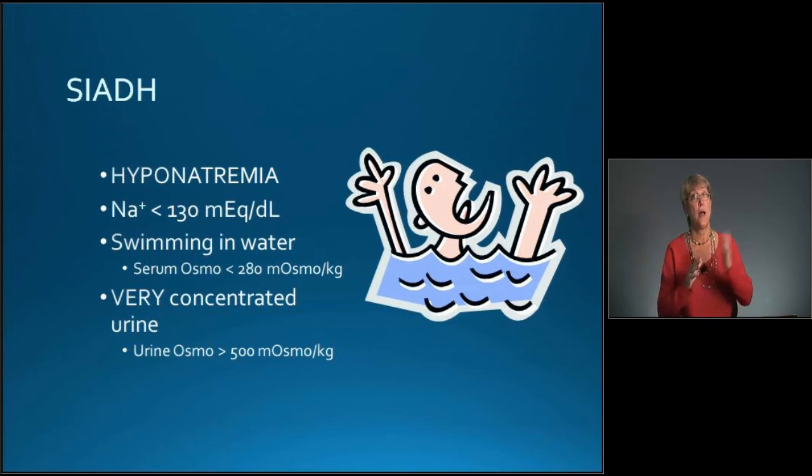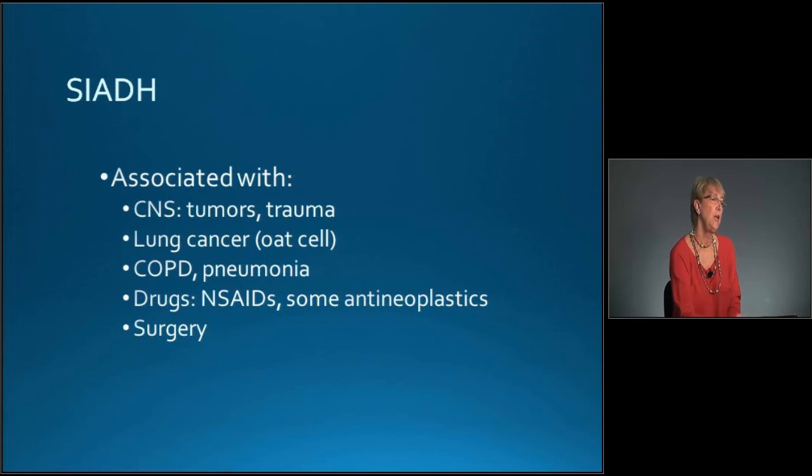So high and dry, low and wet, okay? So it's going to drop to less than 280. Again, that urine is going to be very concentrated, which means that their urine osmolality is going to be greater than 500. Their specific gravity is also going to be very high, okay? It is going to be 1.030, for instance, in this patient.